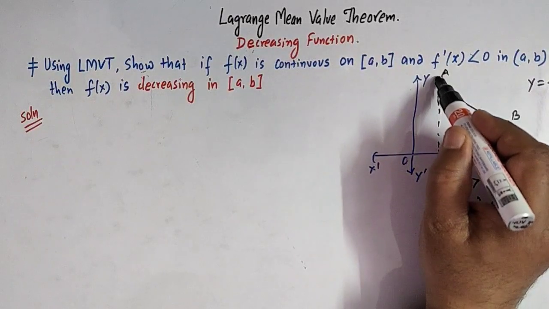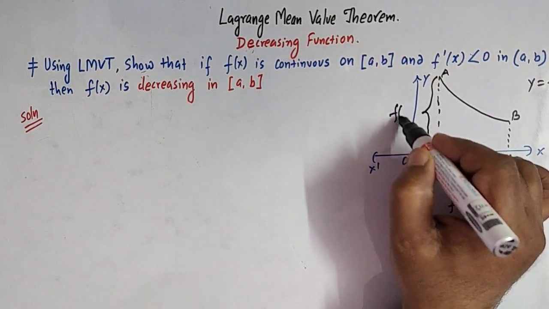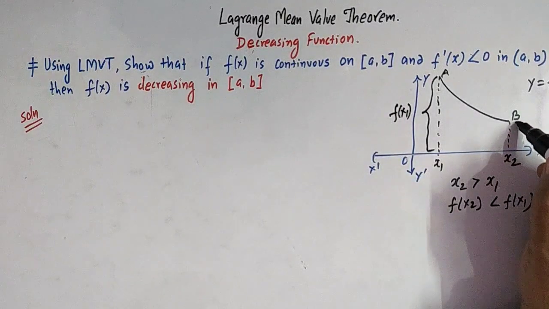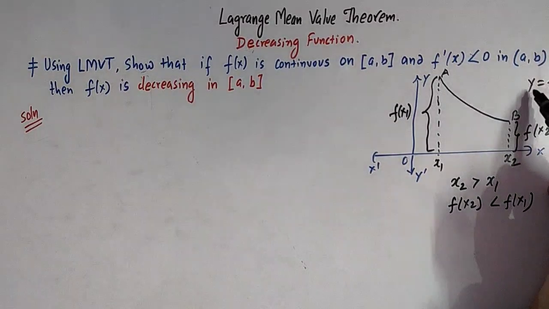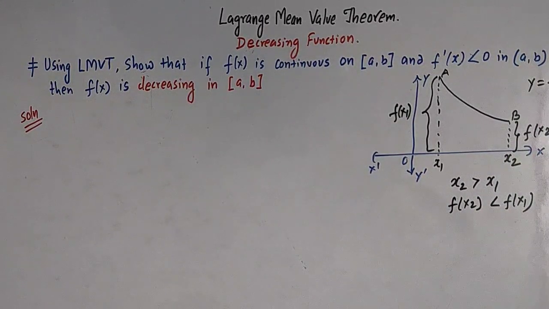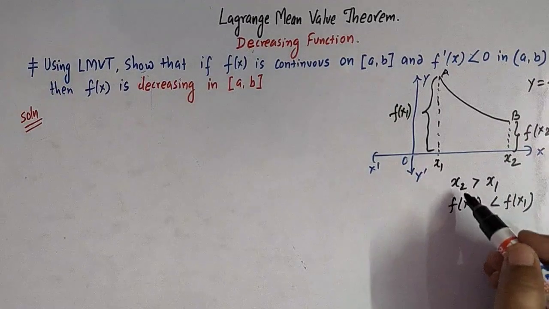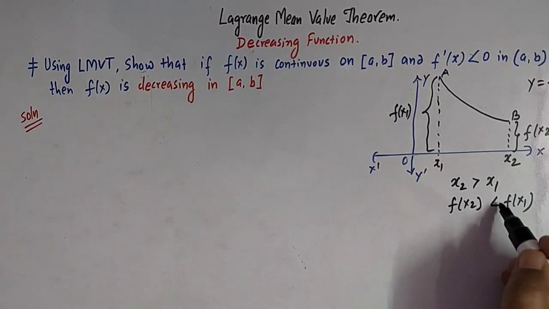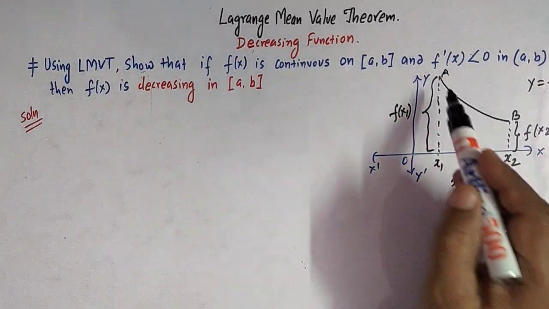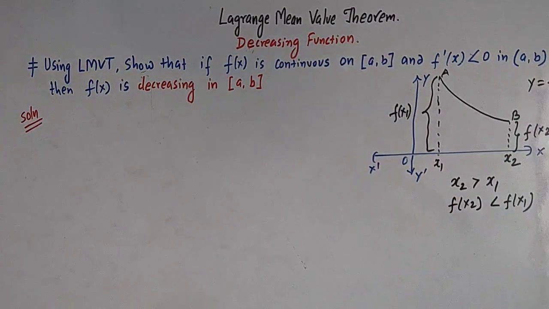Here this is f of x1 and this is f of x2. So if y equals f of x is defined on some domain, and x1 and x2 belong to that domain, and if x2 is greater than x1 but f of x2 is less than f of x1, then we can say that this function is a strictly decreasing function.